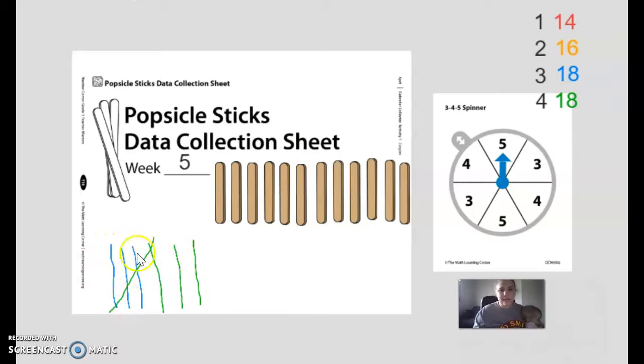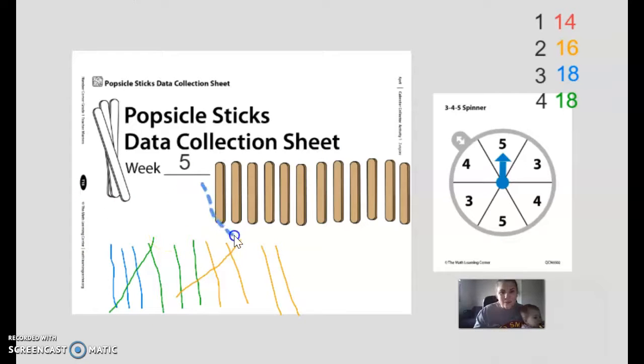Let's bank our tallies. 1, 2. Remember, when we get to 5, we have to cross over. 3, 4, 5. So, there's something here. We have to make a bundle of what? 10.